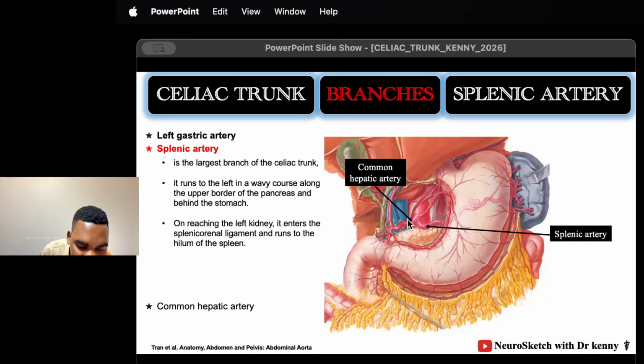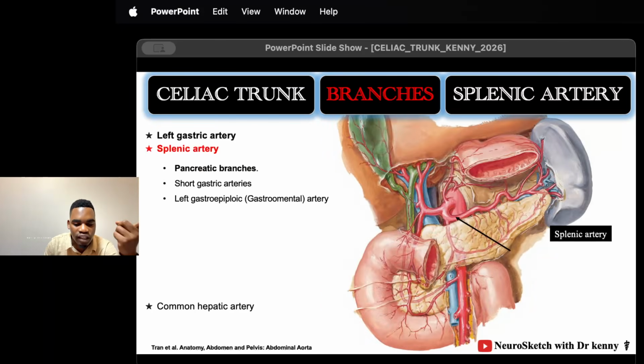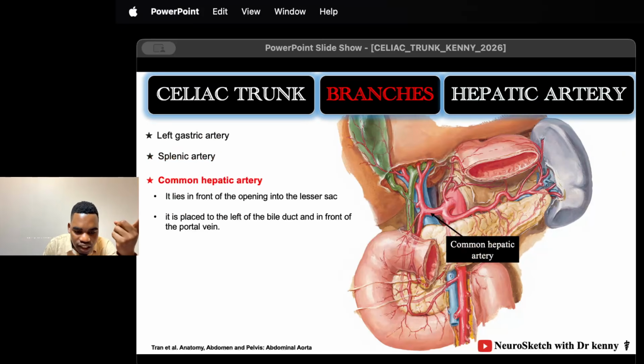The common hepatic artery gives the right gastric artery, and then it gives the GDA.